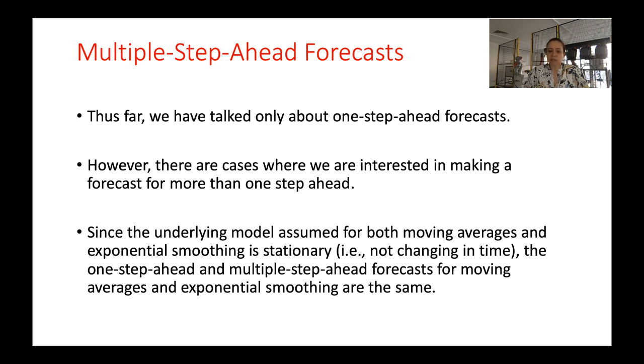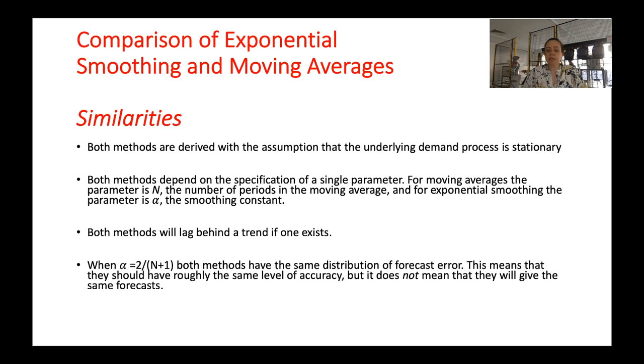For that reason, even if we are making multiple step ahead forecasts, in fact, we will obtain the same forecast as the one step ahead forecast. So, if we want to make multiple step ahead forecasts, these two methodologies are not suitable for this. Now I will compare both of the methods that we discussed.